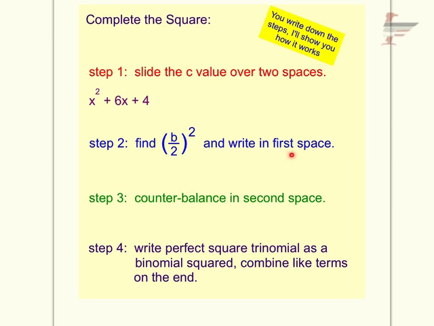Write that value into the first space. Step 3 is counterbalancing in the second space. In step 4, you write your perfect square trinomial as a binomial squared. That's the factoring piece. And then you combine your like terms on the end. So, pause the video for a second, get all that written down, and then we'll go through a couple examples.